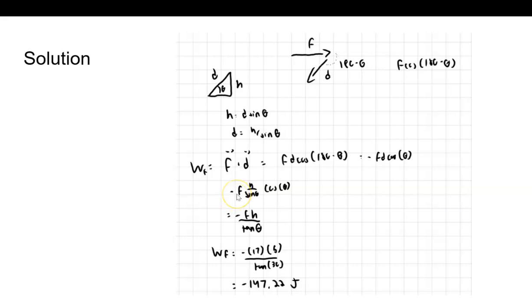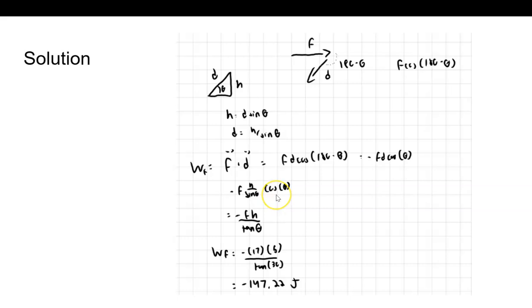Since you solved for D, you can put H into the equation. So it's negative force times H over sine theta times cosine theta.